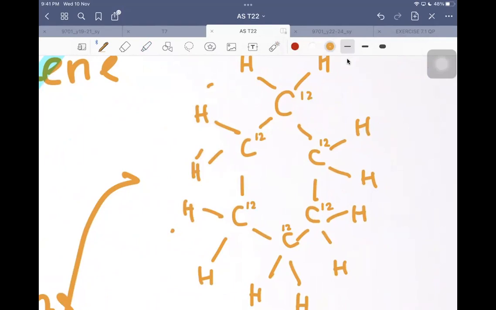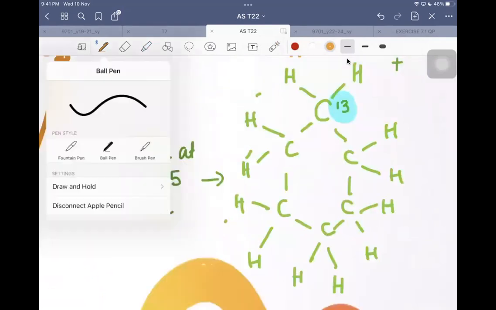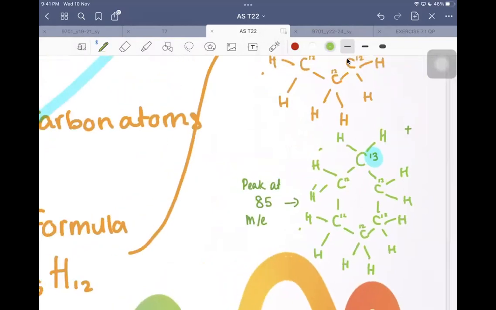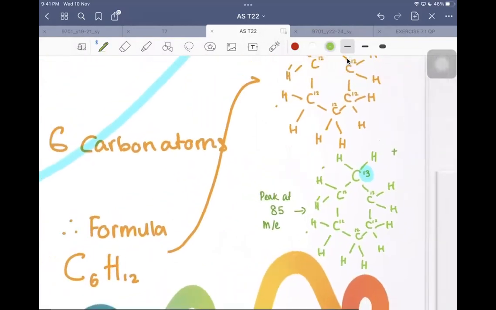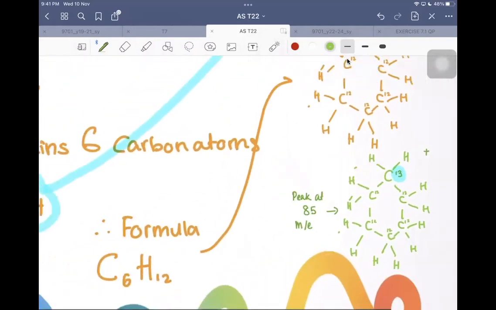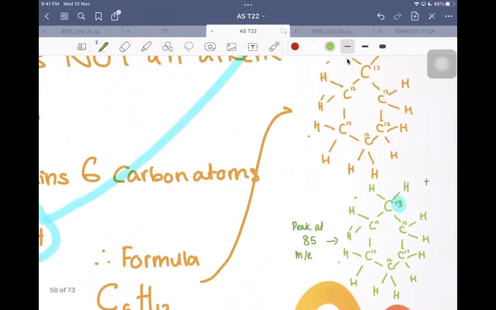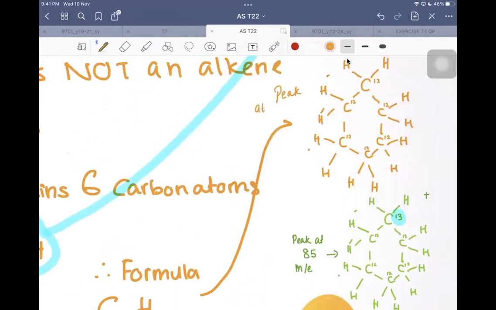But in this case, since we are talking about isotopes, you can label every carbon as carbon 12, only that one atom is made up of carbon 13. So I would label this peak at 84 mass to charge ratio.